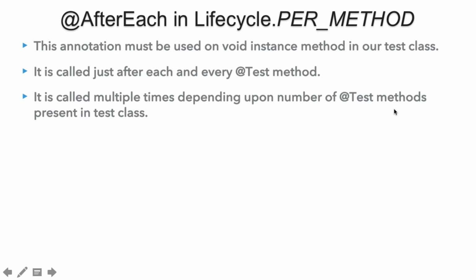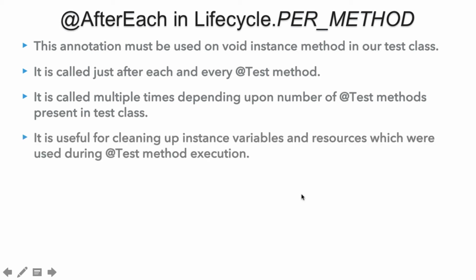So let's say our test class has 3 @Test methods. For each and every @Test method, when it is executed completely, the @AfterEach method gets triggered. And if there are 3 @Test methods, then the @AfterEach method gets called 3 times.